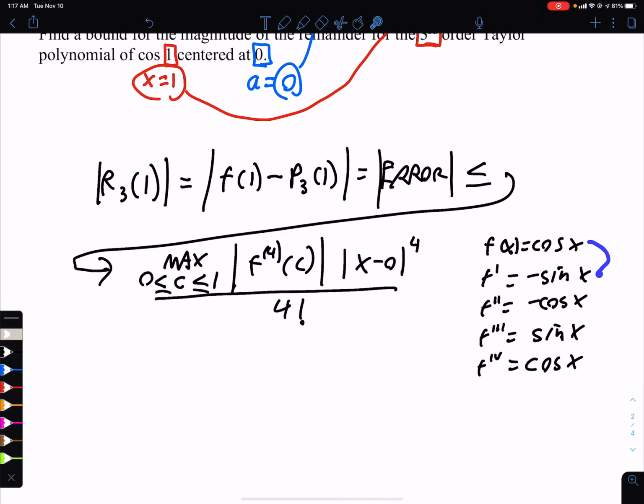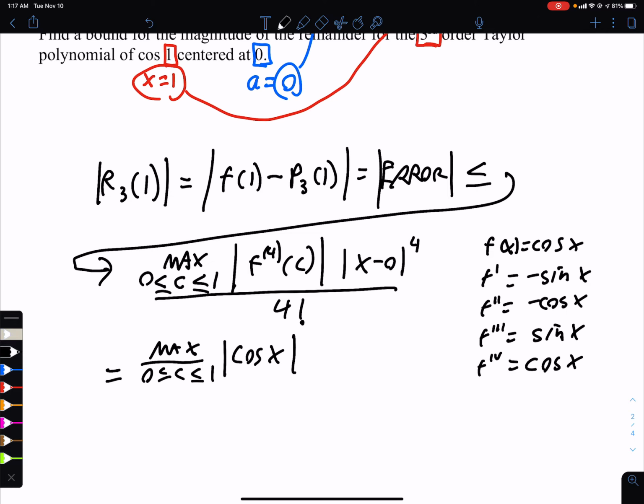Cos, opposite sine. Derivative of sine is cosine, but there's a negative in front. Derivative of cosine is minus sine, and a minus and the minus make a plus sign. Derivative of sine is cosine. So let's write this, which equals, we want the maximum value for c between 0 and 1 of the absolute value of cos x times, now, what's our x? We already determined our x.